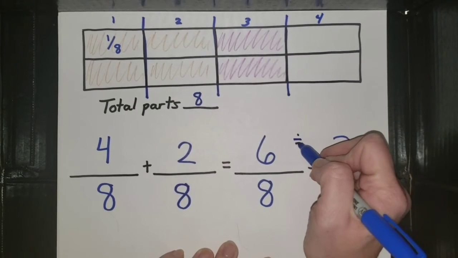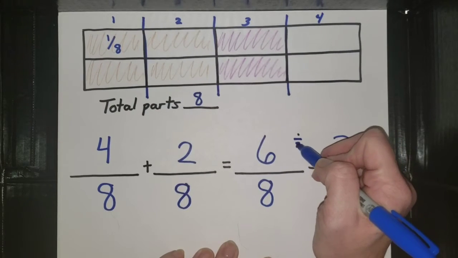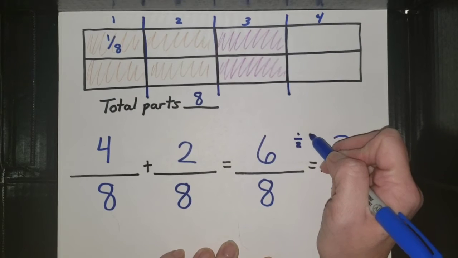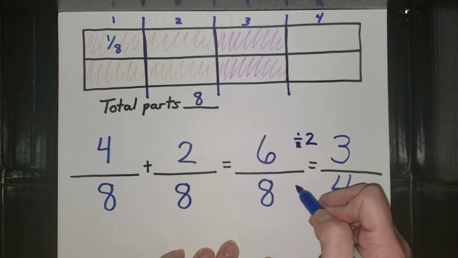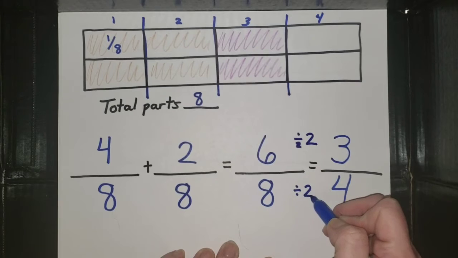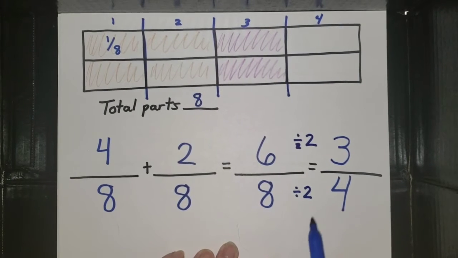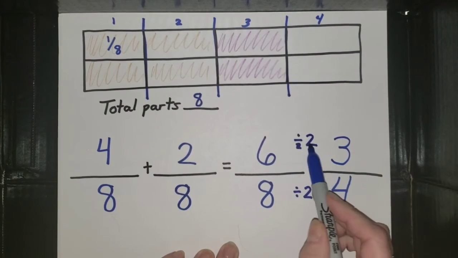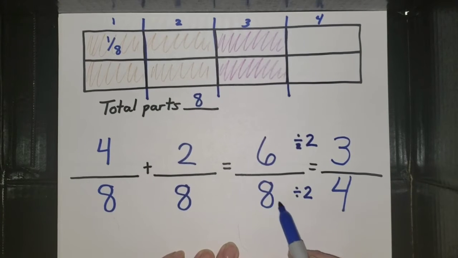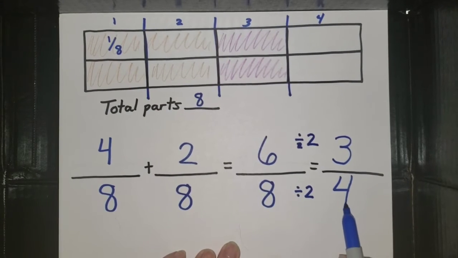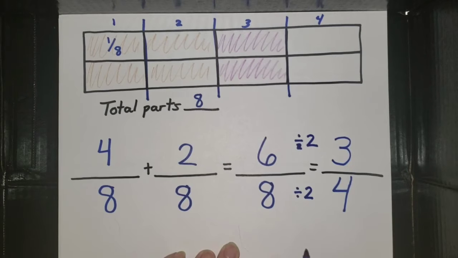So if I divide both my numerator and my denominator by 2, 6 divided by 2 equals 3, and 8 divided by 2 equals 4.